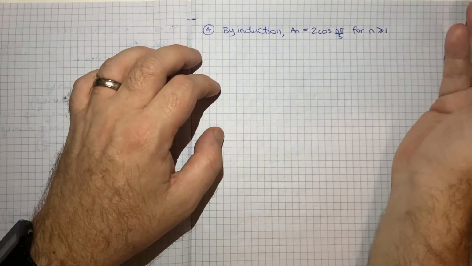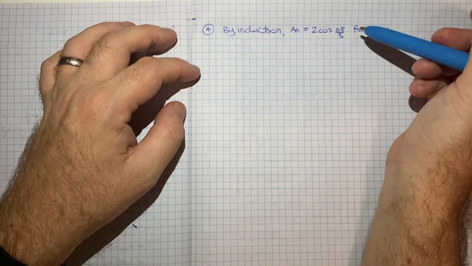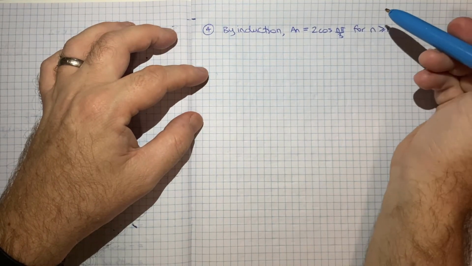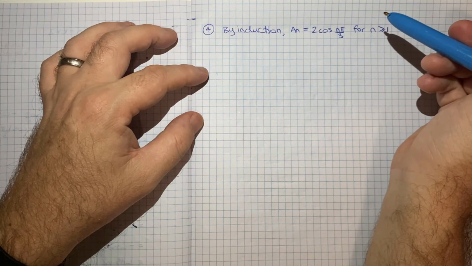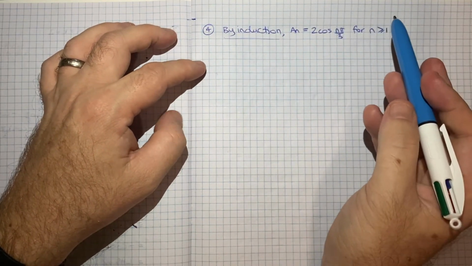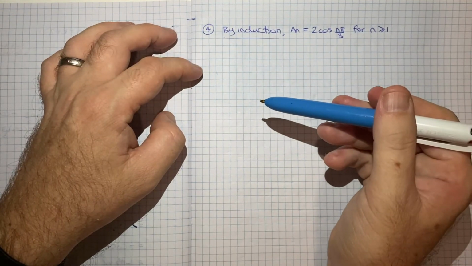And I'd always say, don't forget that final step. It might seem a bit unnecessary, you might argue, but it really is important to note the fact that we're using the principle of induction to draw this conclusion.